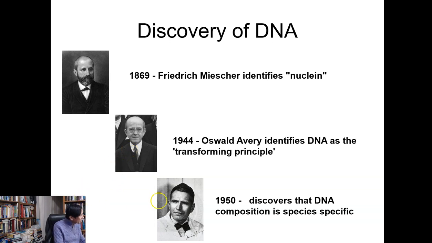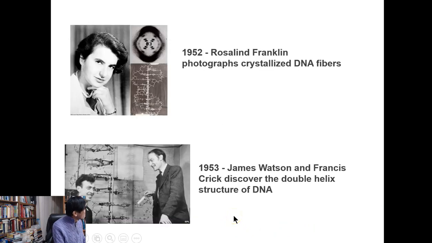In 1950, Erwin Chargaff found that DNA has specific base pairing: adenine pairs with the same amount of thymine, and guanine pairs with the same amount of cytosine. Then in 1952, Rosalind Franklin took a photograph of crystallized DNA fibers, but she could not explain it clearly.